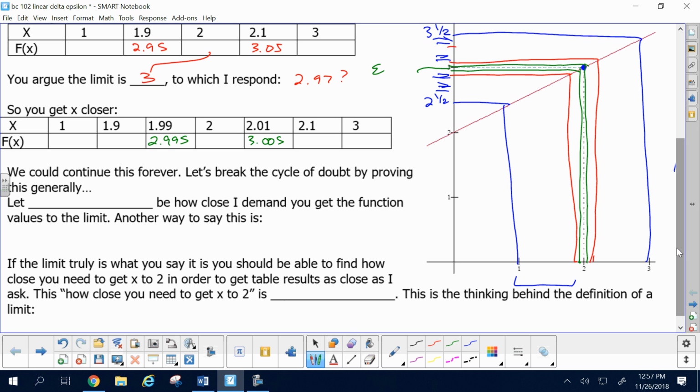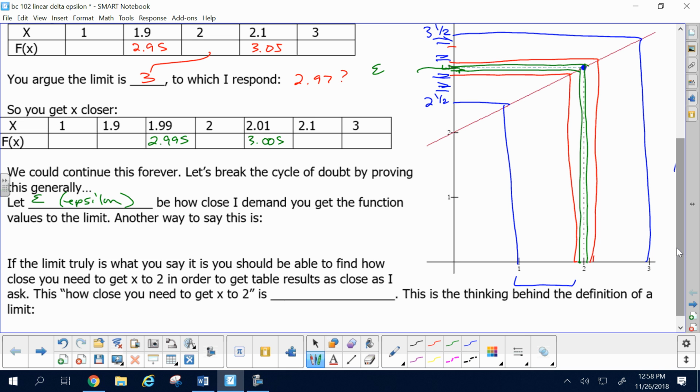Now, he said let epsilon be not a numerical 5 thousandths away or 500ths away, but be any arbitrary number, however close you want, okay? I can prove that I can get the function. Now, the function is the green line and the limit is the dotted line, yeah? I can prove that that difference between those two is less than whatever number you want.